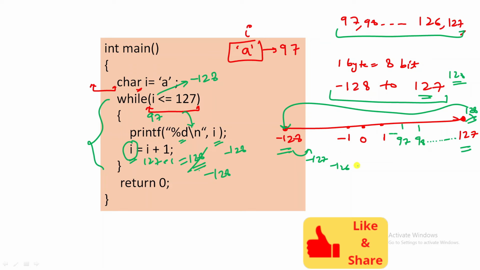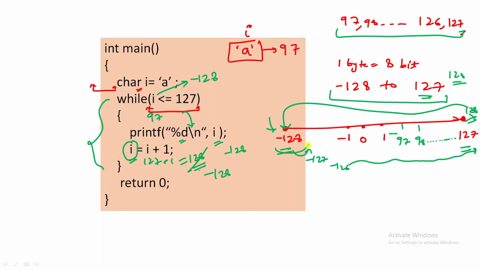All these values are lesser than this, so we will print all these values, and when we come again to 127 plus 1, we will again move to -128. So we are not making this condition false, and this is due to the range of this character data type. That's why our answer was coming infinite number of times.